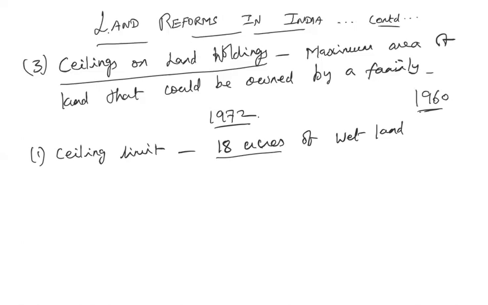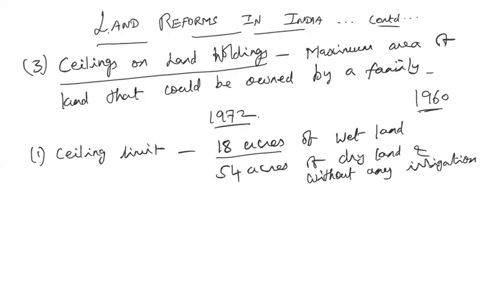But if it is dry land without any irrigation facilities, the limit is extended. So a family can own a maximum of 18 acres if it is fertile land with irrigation facilities, or if it is not fertile and without irrigation facilities, they can own a maximum of 54 acres.